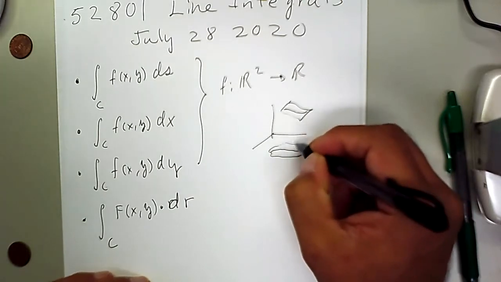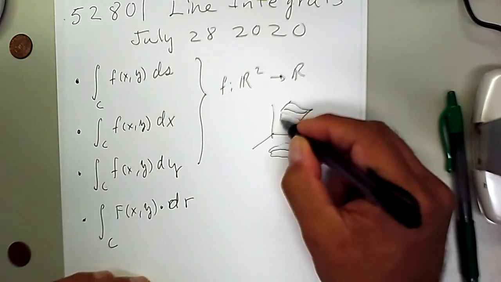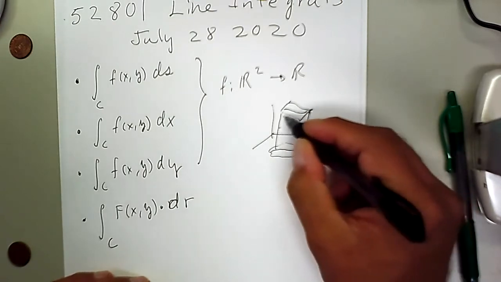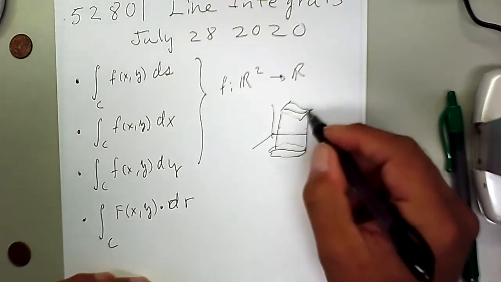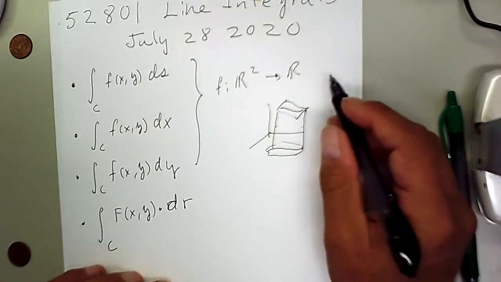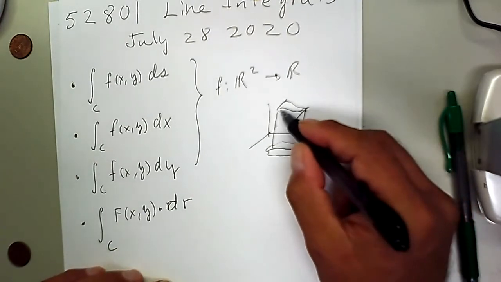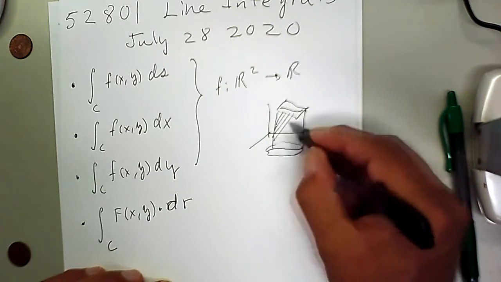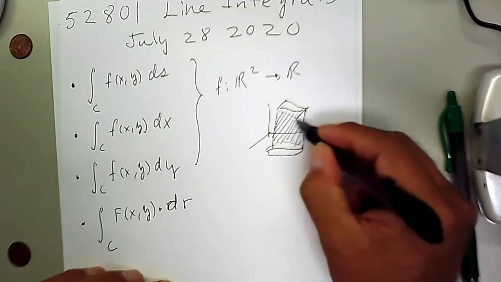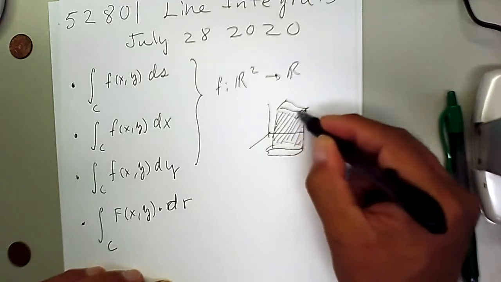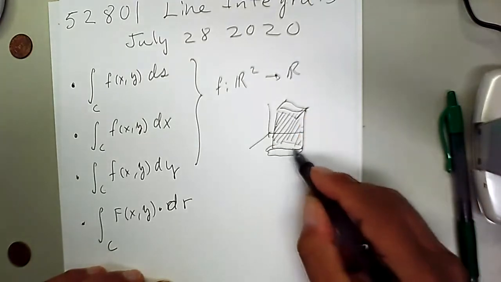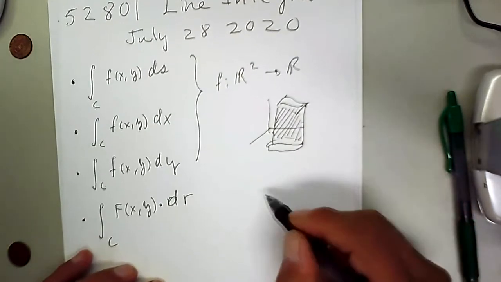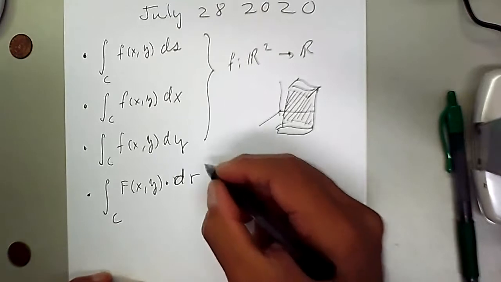And then when we do that, we're going to end up with this kind of, pretend those are vertical, those. A geometric interpretation of this is that if the function is positive, then we're getting the area of this vertical sheet that is drawn by this path, with a variable height. I'm going to show examples.